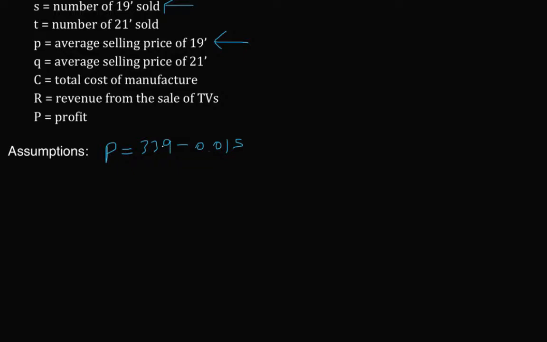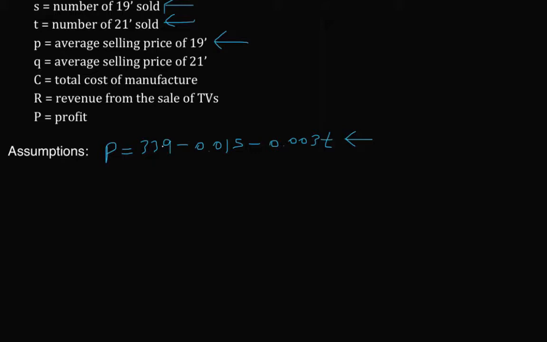Now go to T. T is the number of 21 inch TVs. So the price drops again, therefore subtract 0.3 cents, that is 0.003 T, where T is the number of 21 inch TVs. Okay, so this is p, the average selling price of the 19 inch TV.